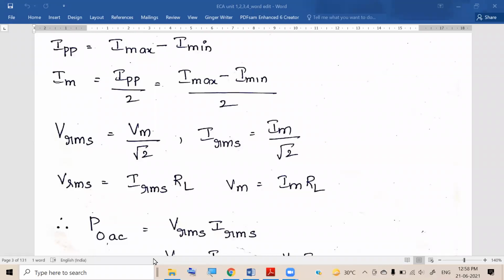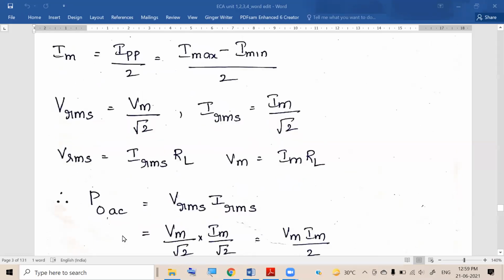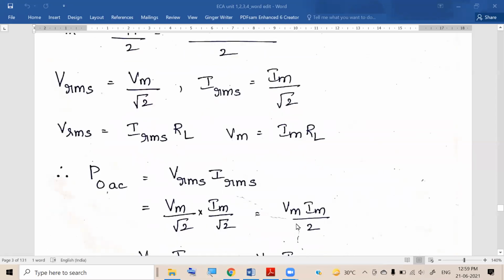So the RMS value of voltage into the RMS value of the current will give the output AC power. The RMS value of voltage is Vm by root 2, and for current, Im by root 2. If you multiply both, it is Vm Im by 2, since root 2 into root 2 is 2.